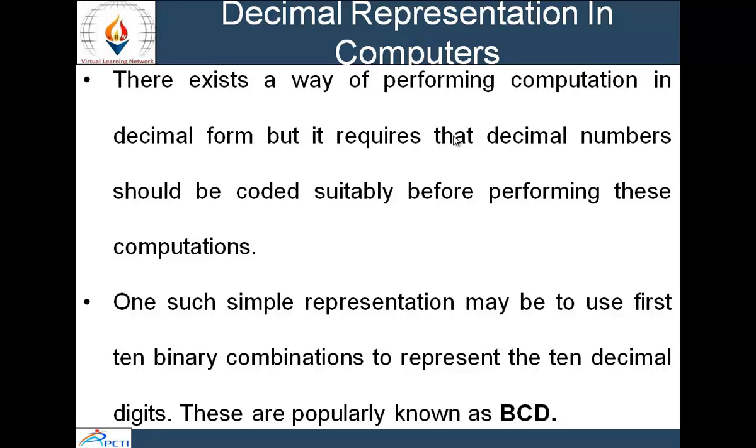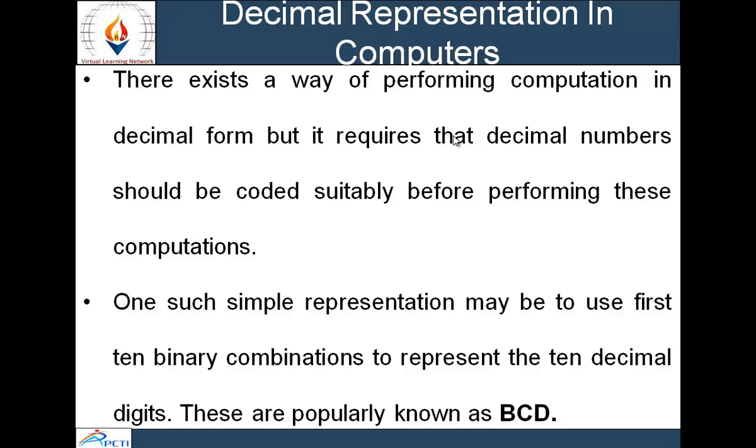So we use an alternative way of performing computation in decimal form, but it requires that the decimal number should be coded suitably for performing these computations. Normally, the decimal digits are coded in 7 to 8 bits as alphanumeric characters, but for the purpose of arithmetic calculations, the decimal digits are treated as a 4-bit binary code.